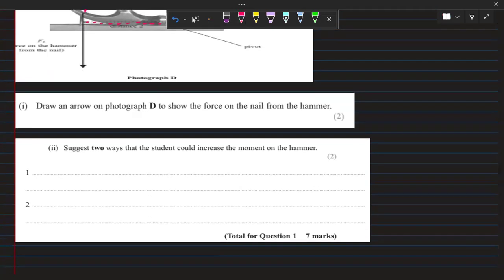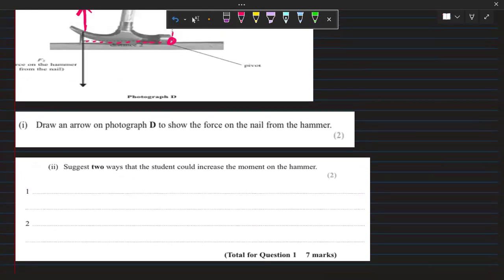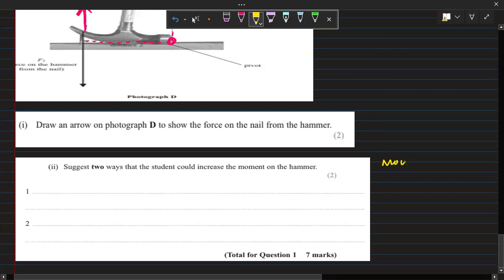All right. Now, there are two ways that the student could increase the moment on the hammer, right? So what are the two ways? If you recall the formula for the moment, since it's the turning effect of force, you have to have the force multiplied by the perpendicular distance, right?